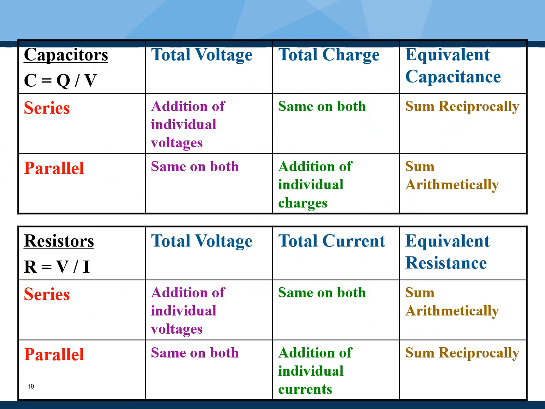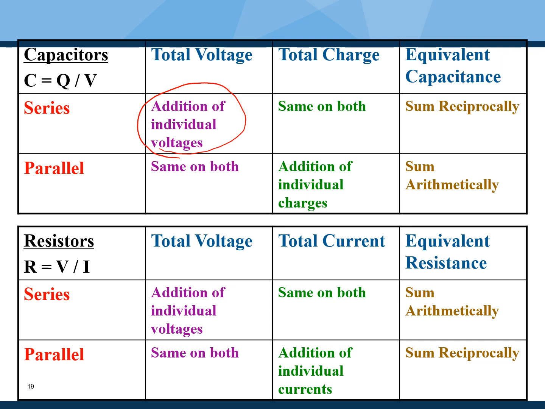And this actually allows us to do a little recap of the entire situation. So in this situation, we're told that we have capacitors and resistors, and we see what happens when they're connected in series and parallel. So we see that capacitors connected in series results in a situation where the total voltage is in fact the addition of the two voltages.